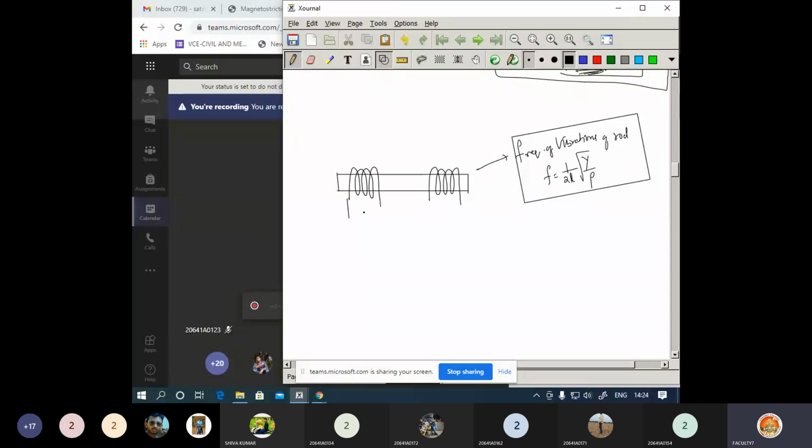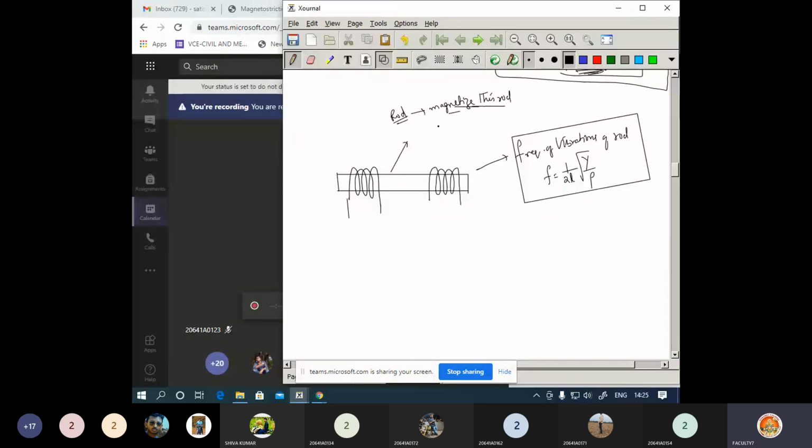Okay, so meanwhile, we need to do certain things. You are considering the rod. This is a rod here. Before connecting these coils, we need to magnetize this rod.